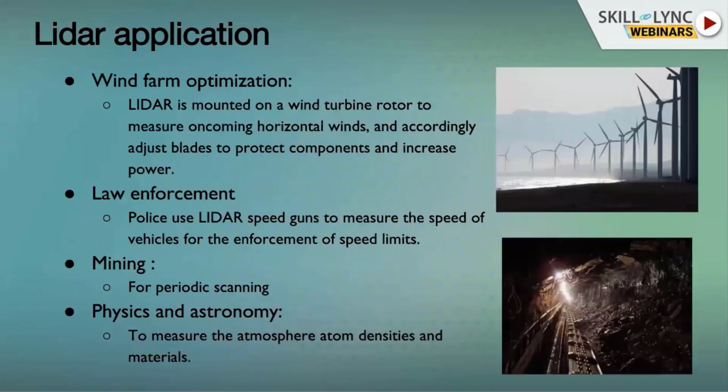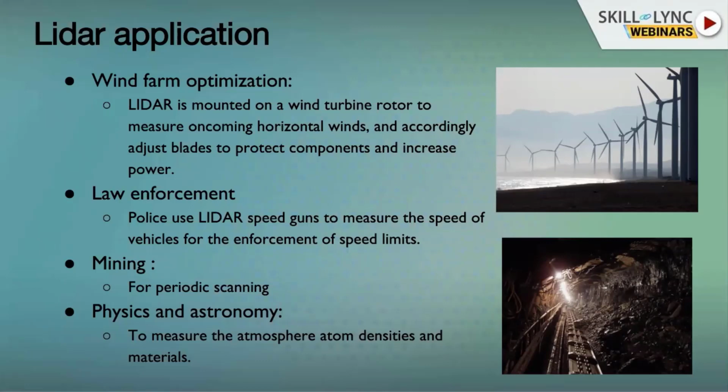Like that, the other application is wind farm optimization. Especially in the case of the wind turbine rotor, with the help of lidar, it optimizes the blade and the direction, because the air has some particles, everybody knows.